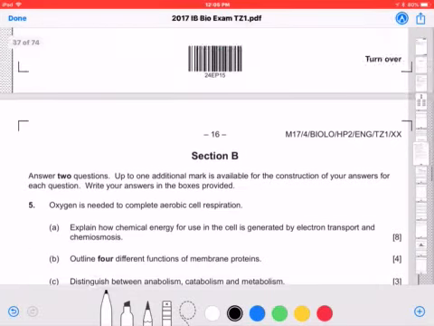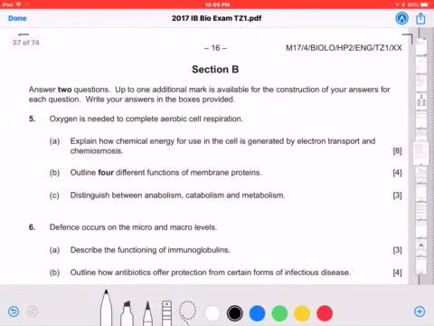Same type of format. Here's Section B, and you have the 2 hours and 15 minutes with this whole packet. So it's not like you have a separate time for Section A and Section B. You have 2 hours and 15 minutes for paper 2, all 72 marks, and how you divide that across the 2 sections would be up to you.